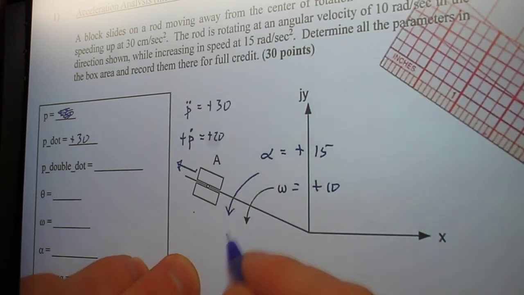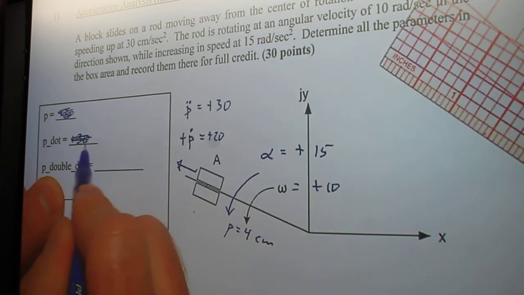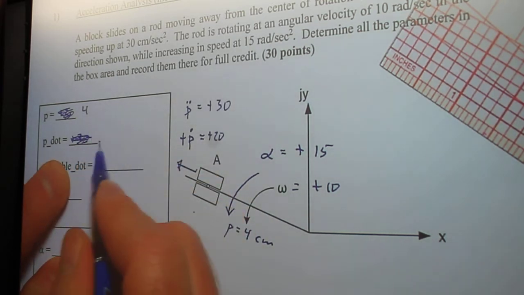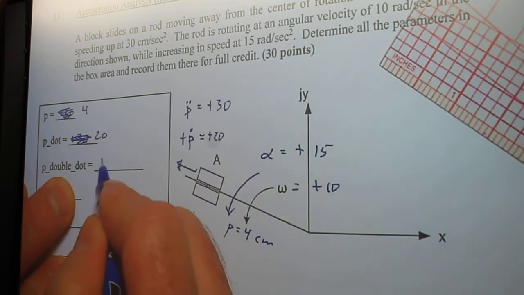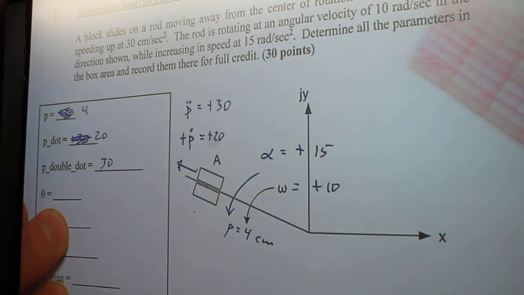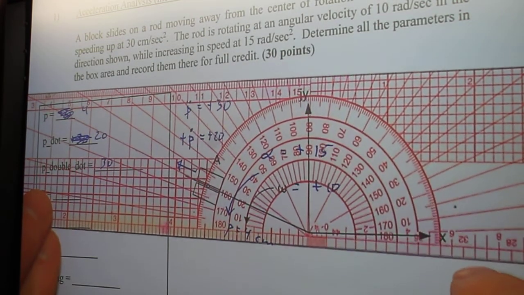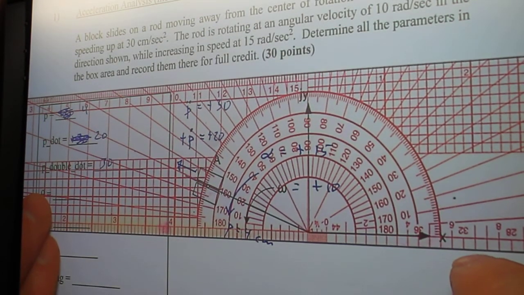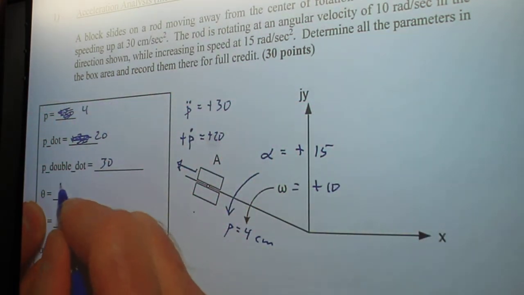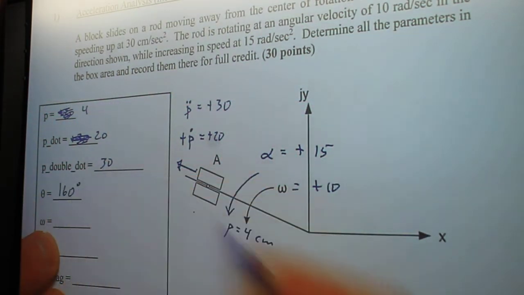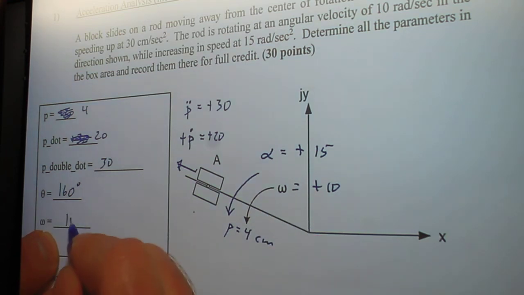So P is equal to 4, P dot is 20, P double dot is 30. Theta, you have to measure theta here too, and when you measure theta, notice that theta equals 160 degrees right here. Omega is 10, alpha is 15.